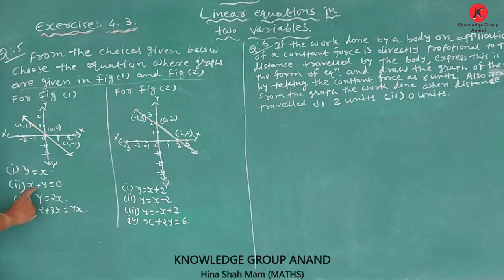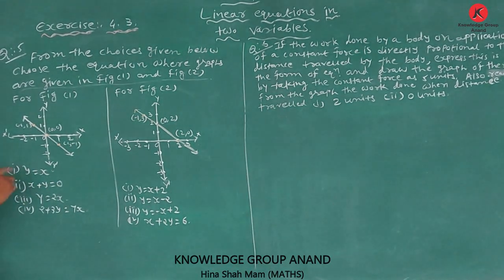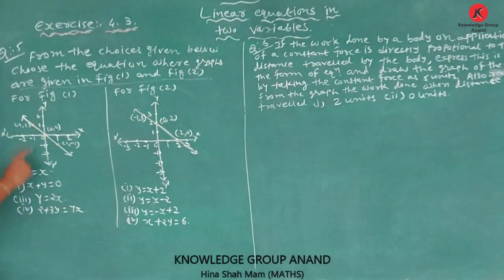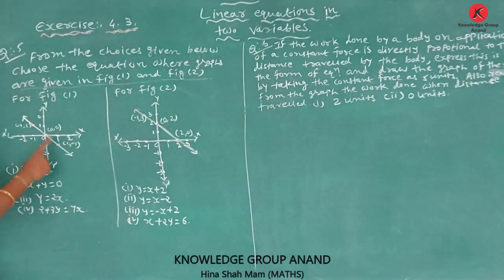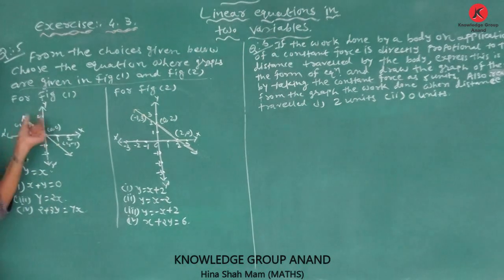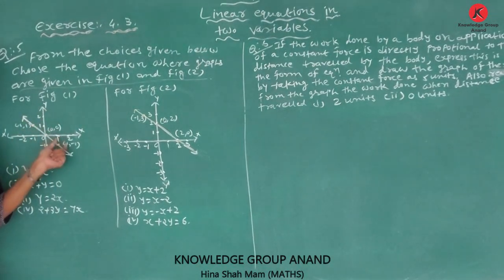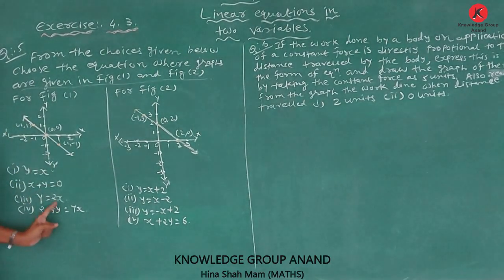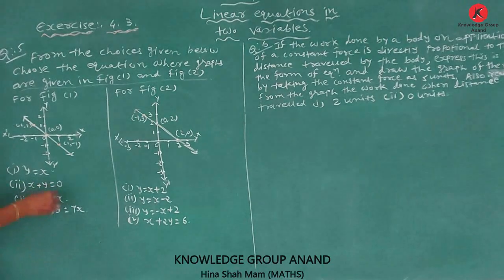In this equation, x plus y is equal to 0. First we take the point (-1, 1). If it is valid for this, then we check the second and third points. It is satisfied for these 3 points, so this line is drawn for this equation.